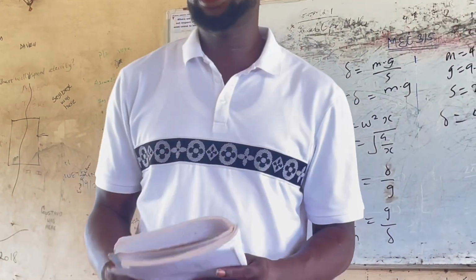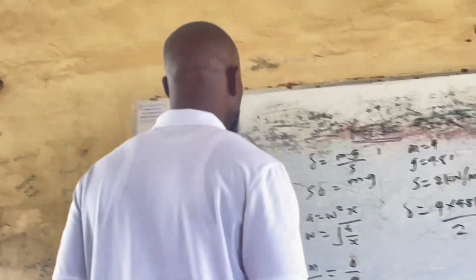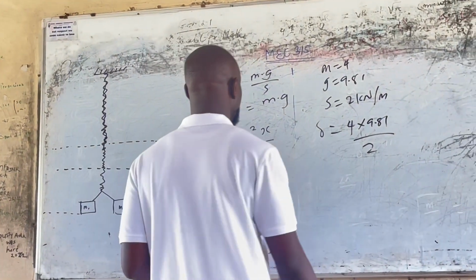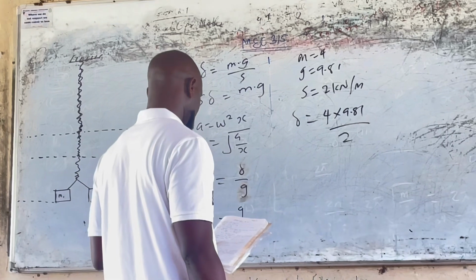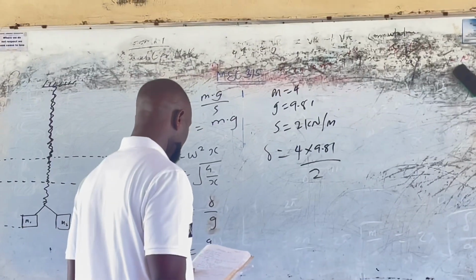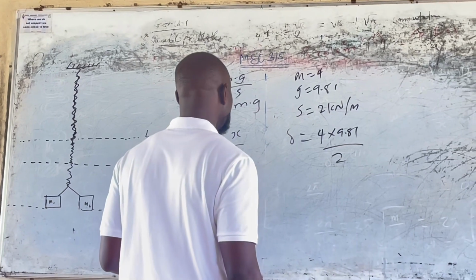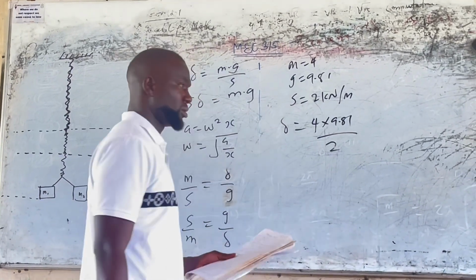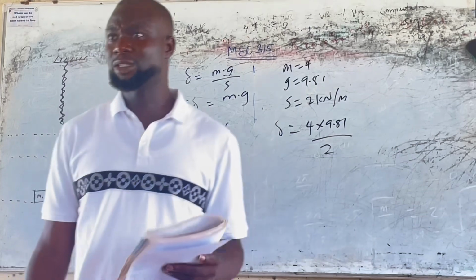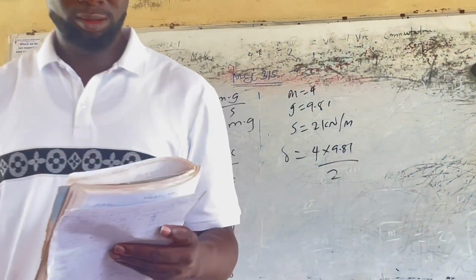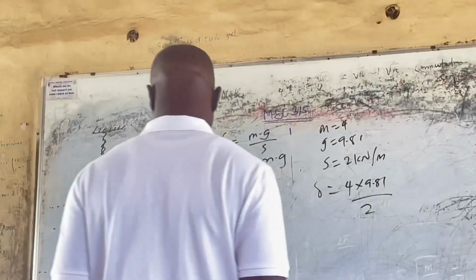They used it that way. 19.62 kilonewton per meter. Wait. 4 times 9.81 is what? 39.2. Where are you now getting 90? Divide by 2. 19.62. Yes, sir. Okay.